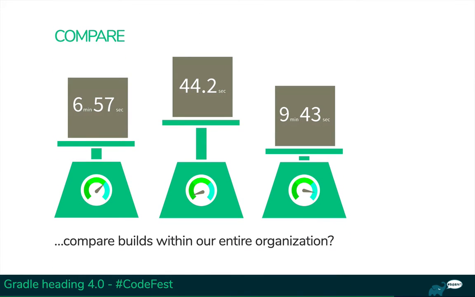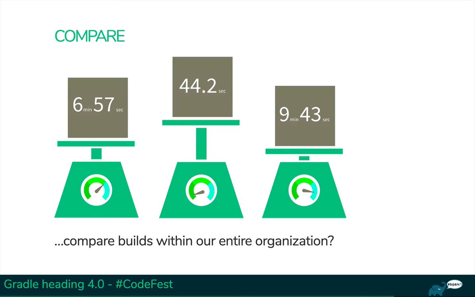Also, comparing different build results would be nice, to understand why builds at one place in your organization behave differently, or why different developers have different results based on their location or hardware.